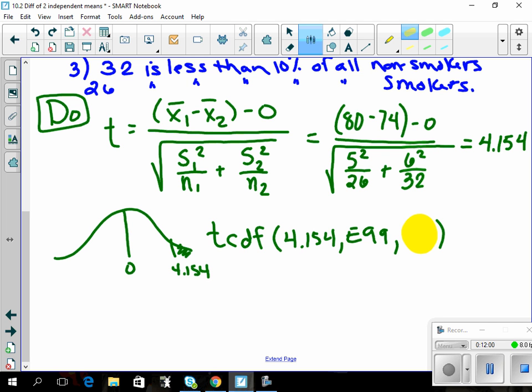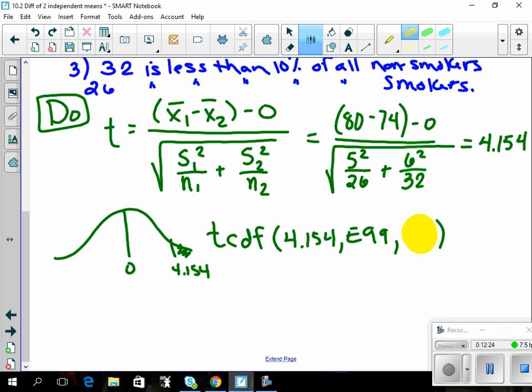Okay, so remember how I talked a little bit last class, it's been a while, but you really have 2 choices here. You can either be safe and use the smallest sample size minus 1, which in this case would be 25. Okay, that's perfectly okay. If you want to use a degree of freedom of 25, go for it. But what does a calculator do?